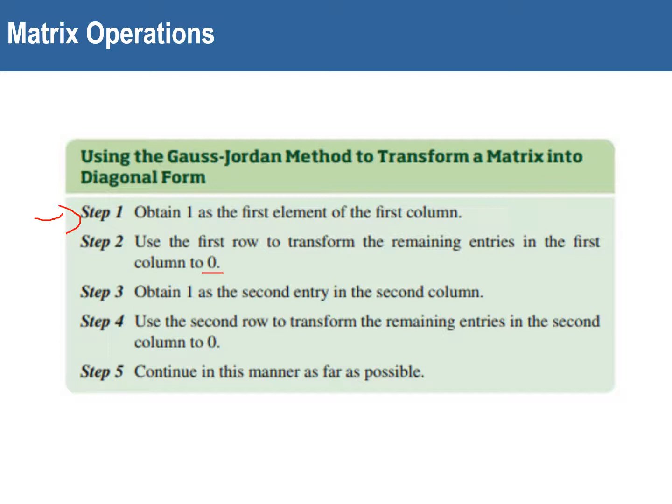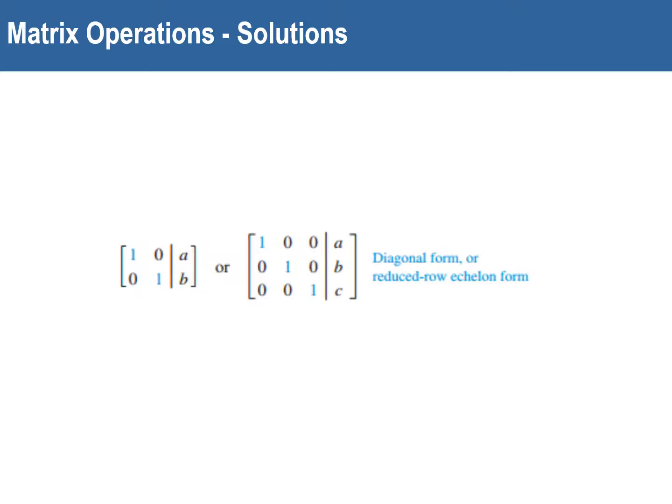The next step is we want to get a 1 in the second entry in the second column, and use the second row to transform the remaining entries of that column to 0, and keep going until you have a matrix that has ones along the diagonal. So this is called diagonal form or reduced row echelon form.